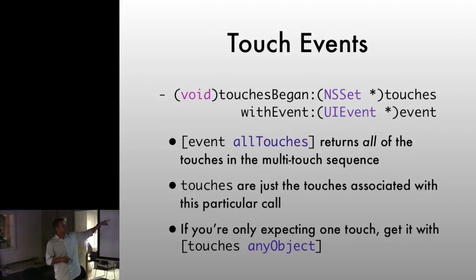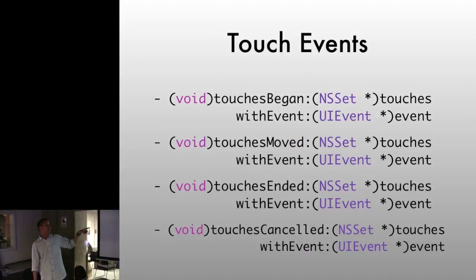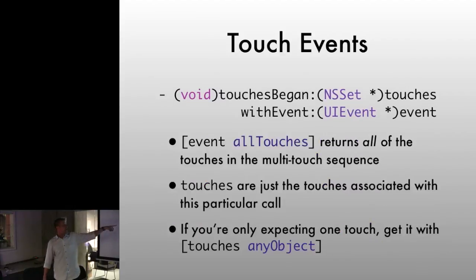So here's an example with touches began. Touches began with event. So if you query the event here and ask for all the touches, it returns every one of the touches during a multi-touch sequence. So if you have a began, a move, and an ended, you can get every single one of those touch locations from the event.